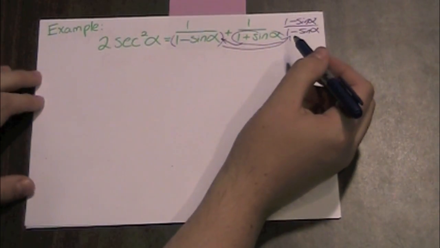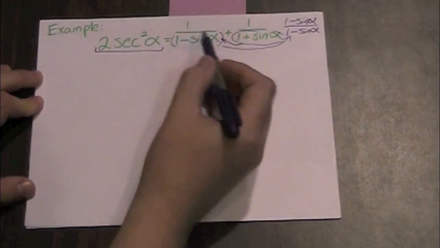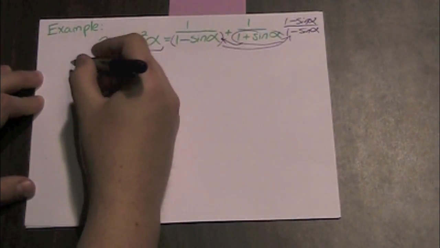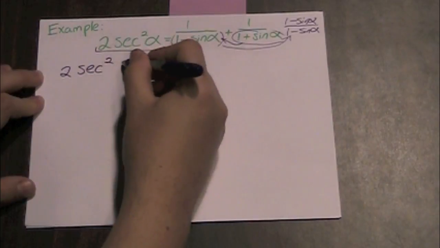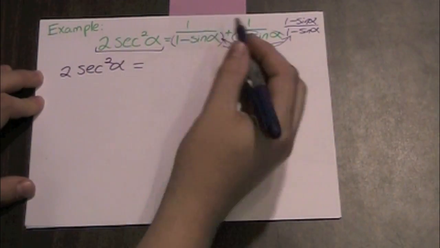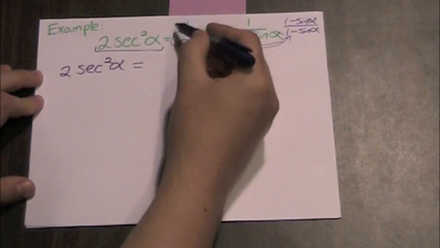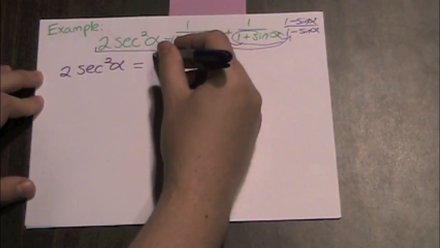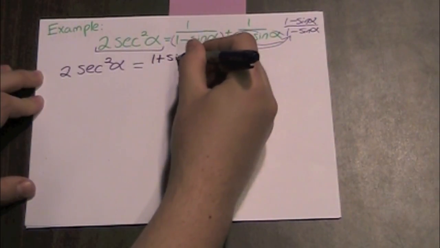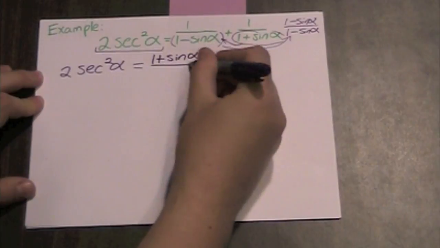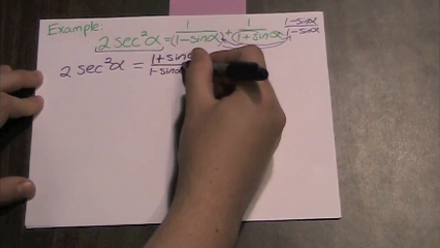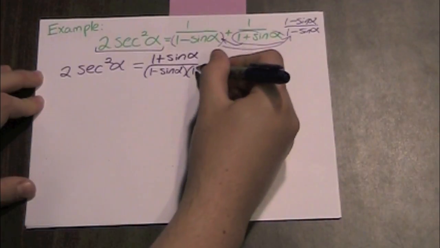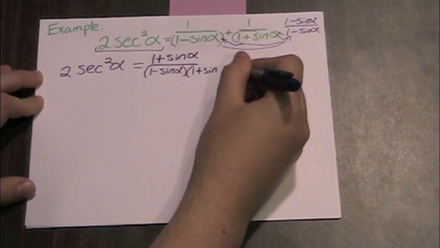Let's rewrite that below and keep our 2 secant squared alpha the same. So we have 2 secant squared alpha equals, and our left fraction becomes 1 plus sine alpha over 1 minus sine alpha times 1 plus sine alpha.